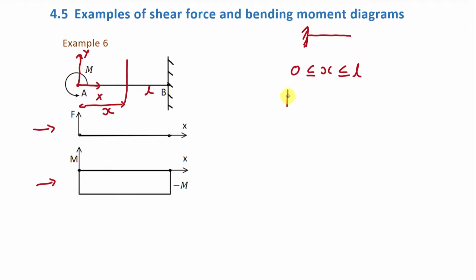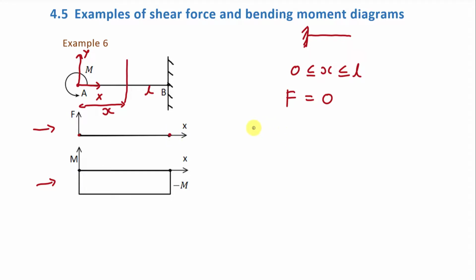So the value of shear force F will be equal to 0 because there is no transverse load. So in the range of 0 to L, there will not be any shear force. So what will be the diagram of shear force? Here this is the x direction and in this direction there is shear force. The diagram of shear force will be a line from this point to this point.